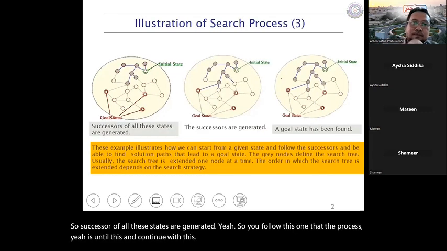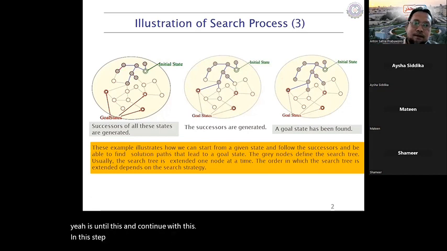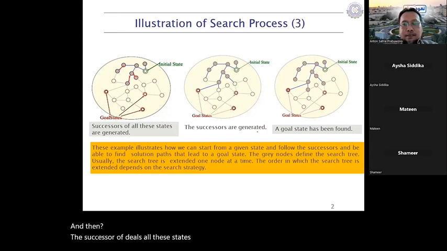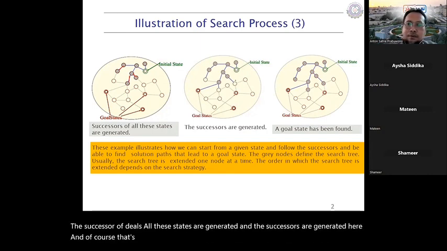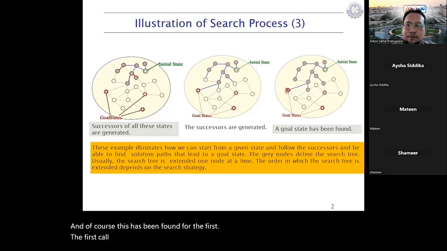Then the successors of all these states are generated here, and a goal state has been found. The first goal is found. So a goal state has been found.